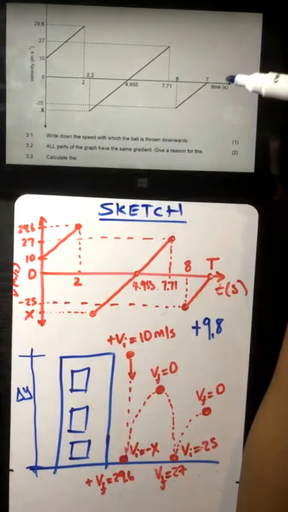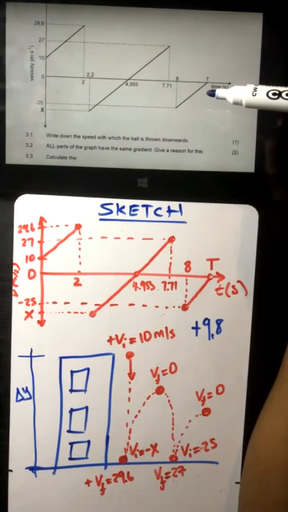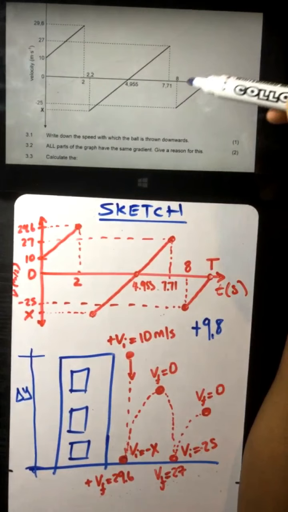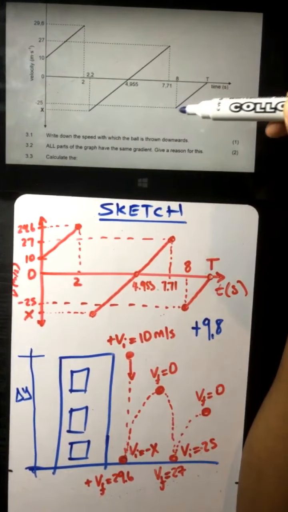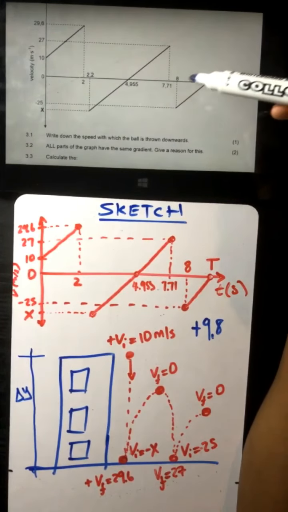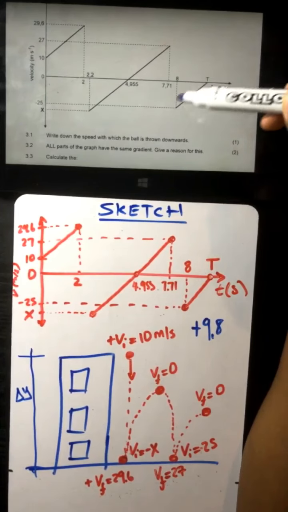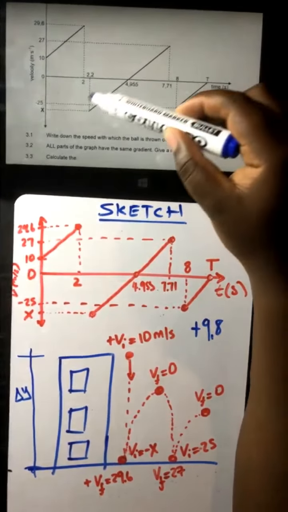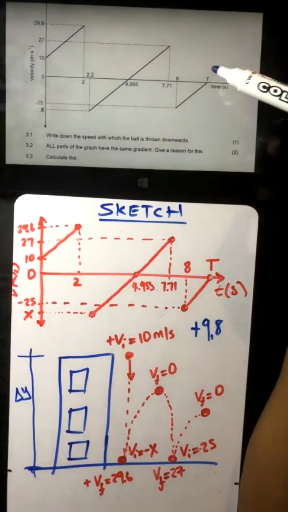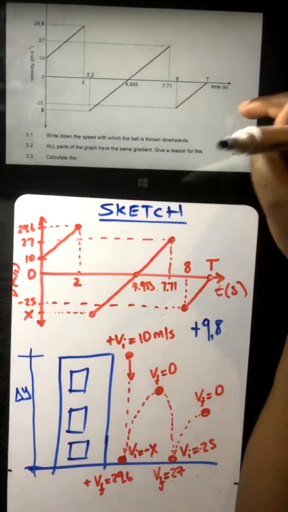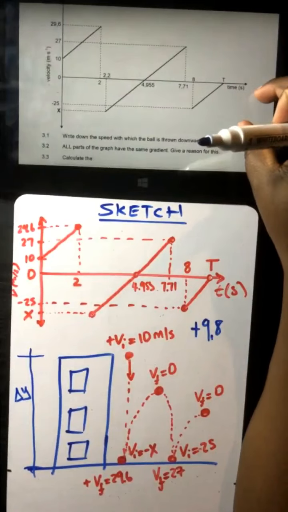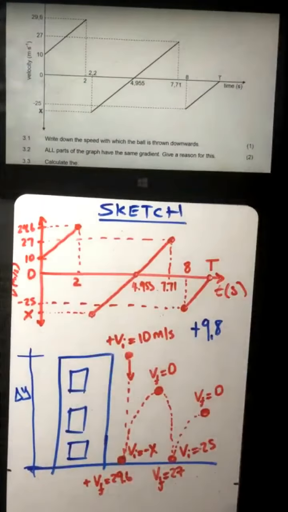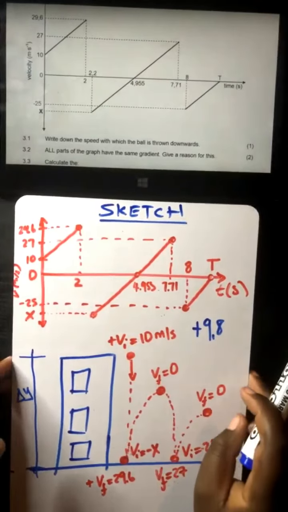For information related to that t, we should be concentrating on that part of the movement of the ball. We cannot concentrate on that part because it doesn't bring us to that point t. So our concentration is at that point t.